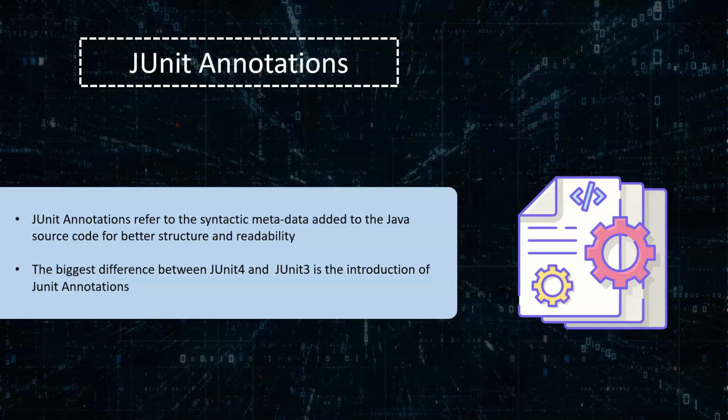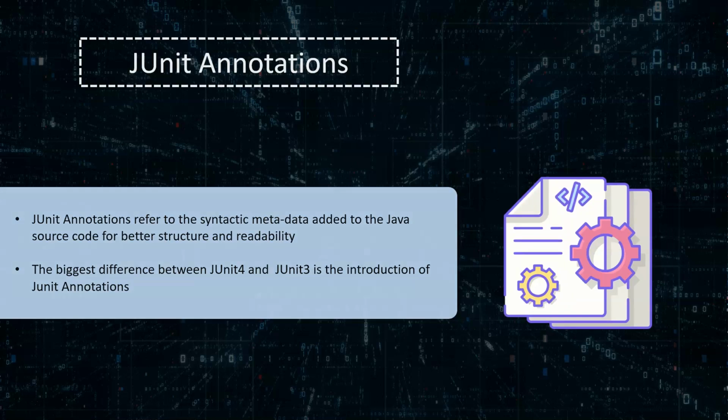The biggest main difference between JUnit 4 and JUnit 3 was the introduction of the JUnit annotations. Earlier, before JUnit 4, we were not able to identify whether something is a test method or a source method. That identification is quite easy after the introduction of the JUnit 4 framework.